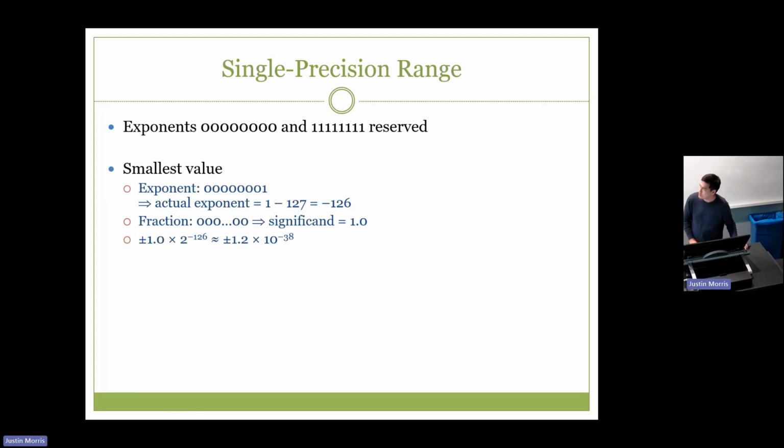And here's just a little bit about the range. The smallest value of single precision is going to be shifting to the left by 126, and you have all zeros as your fraction bits. So this is the smallest value that you can represent. It's approximately equal to 1.2 times 10 to the negative 38.